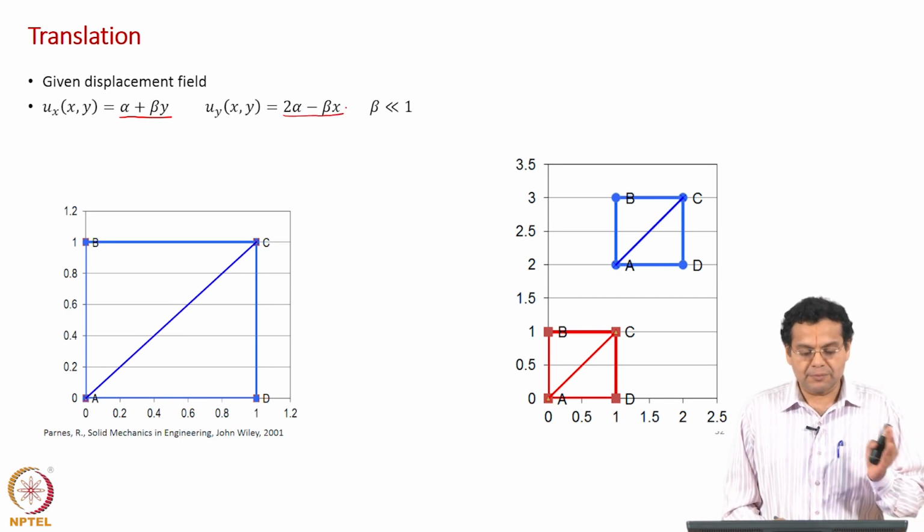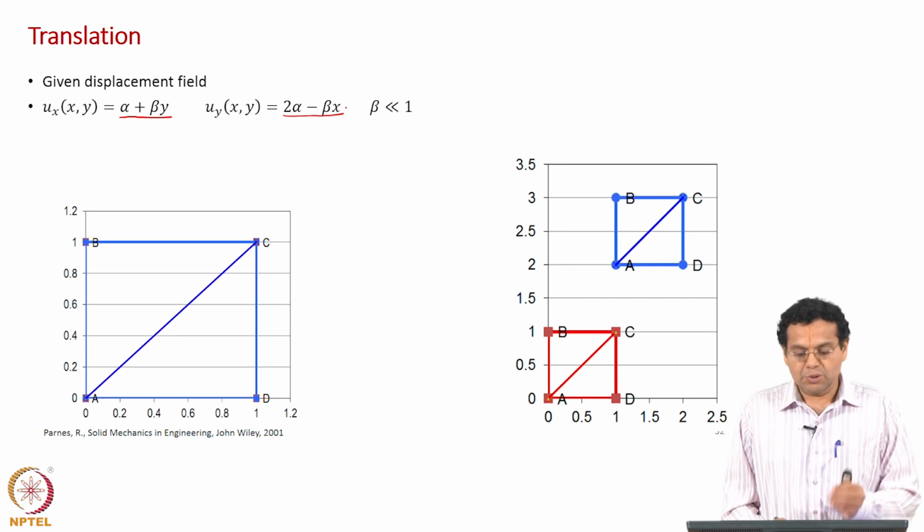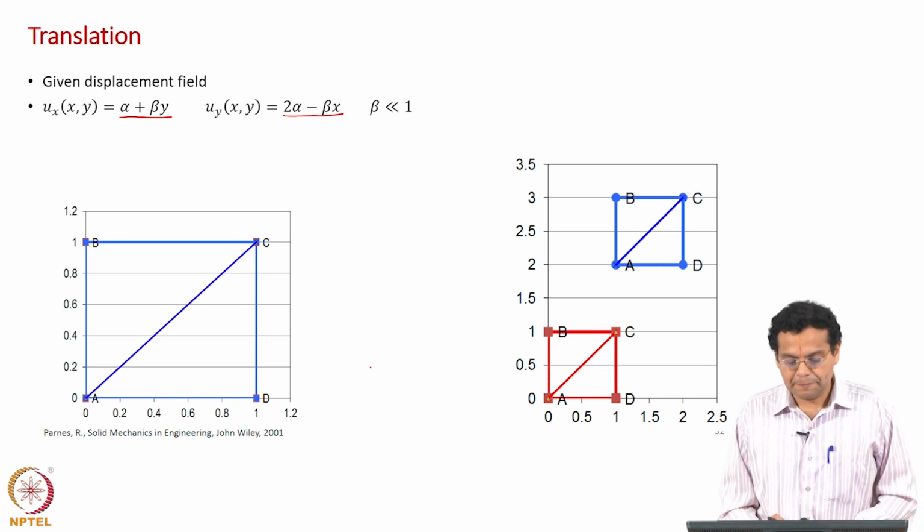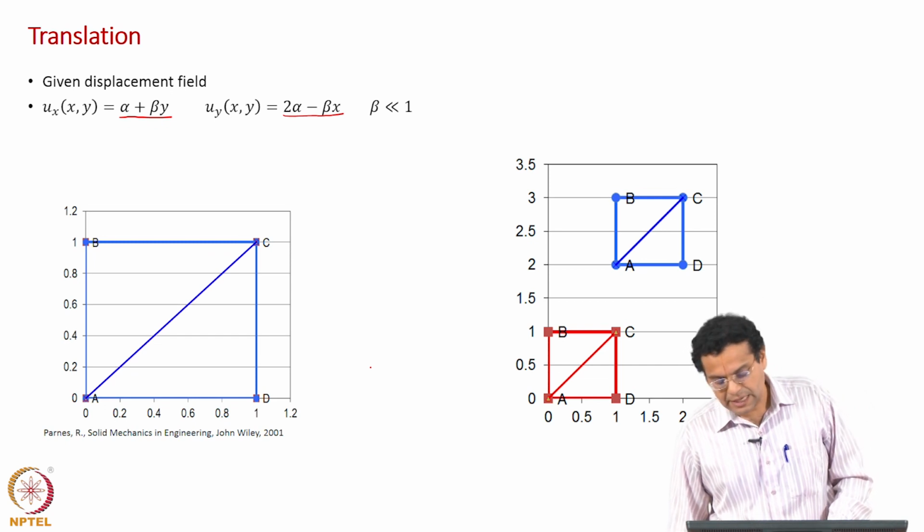So, as I told you, Ux depends on y only, Uy depends on x only. Now, alpha and beta are constants, and we have a condition that beta is very small, much smaller than 1, extremely small in fact. Now, how do you understand this?